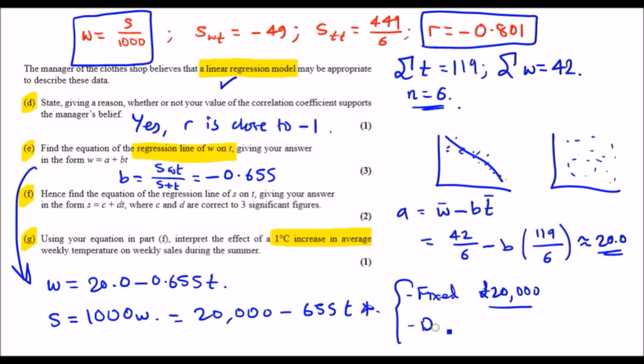So you can say a decrease of £655 for every 1 degree Celsius increase on average, and so on. And that's it. I believe this summarizes the whole question.